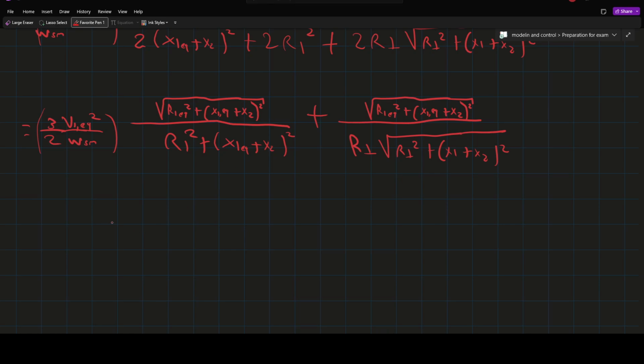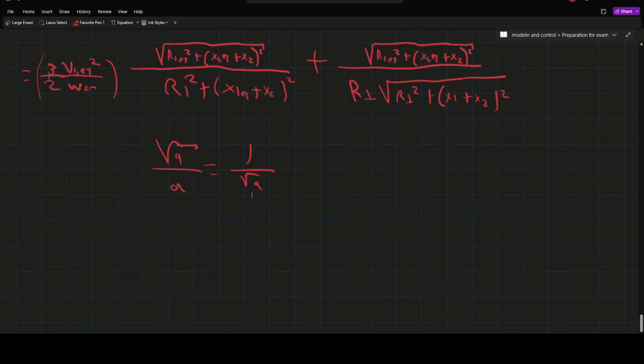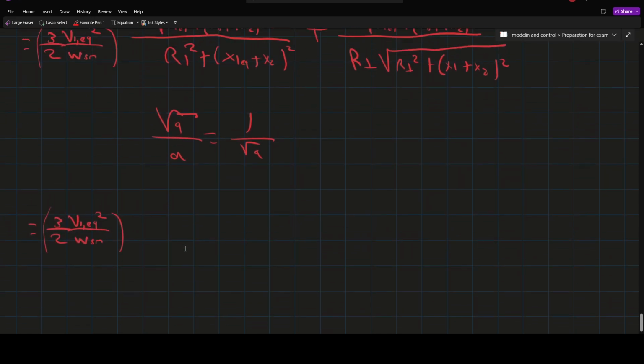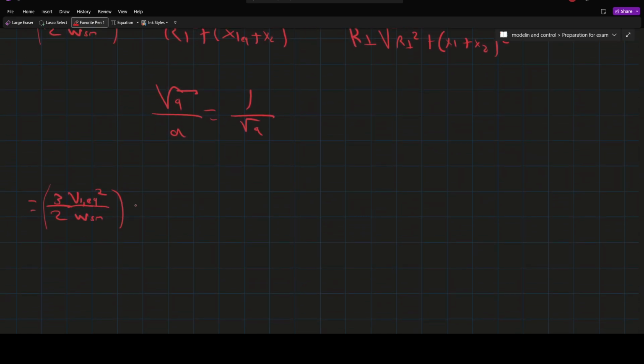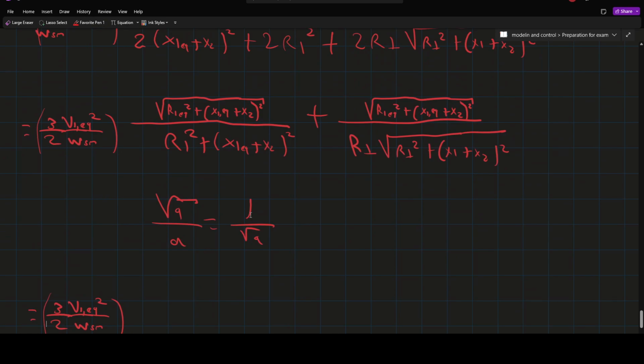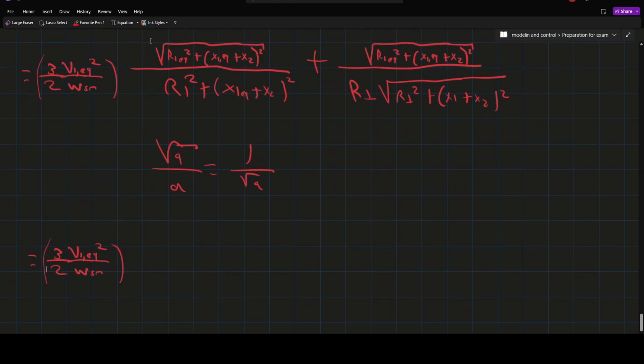now if we have a to the square root over a, it is the same as 1 over a over square root. So that's what we have here. So we have 1 over square root, so we're gonna have this one, and on this side here these two terms are equal, so it's 1 over this two.